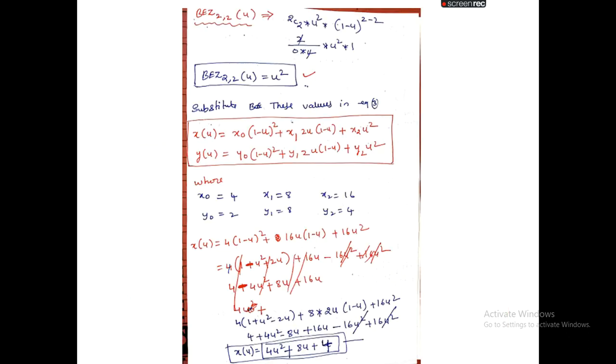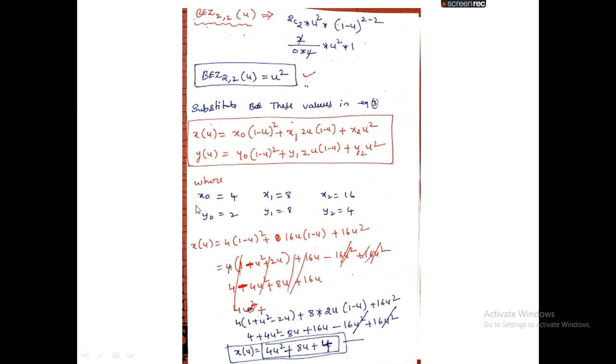After calculating this, I substituted this value. Now I would like to substitute the x0, x1, x2 values and y0, y1, y2 values. We know that in the problem statement only three control point values are given, that is P0 of x0, y0, P1 of x1, y1, P2 of x2, y2.